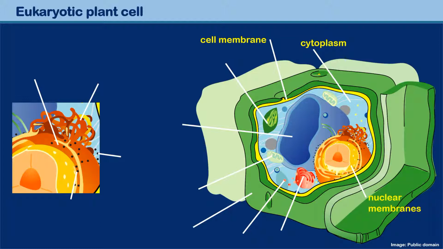A eukaryote has a nucleus which contains the DNA, and the nucleus is made by so-called nuclear membranes. And you notice that it's a plural because there are two nuclear membranes surrounding the DNA, which can be found inside the nucleus, which actually should also be labeled.